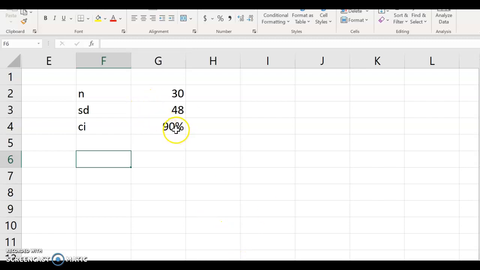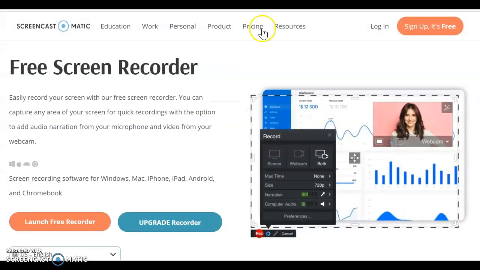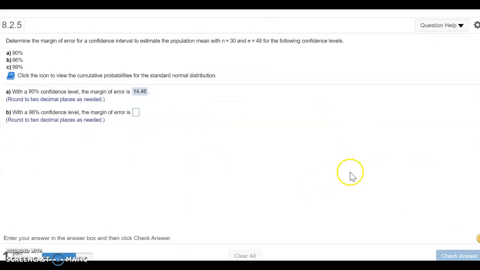So 90% confidence interval. First of all, your margin of error is equal to your z-score times your, I believe it's your standard error of your mean. Let's look real quick just to double check on that formula.